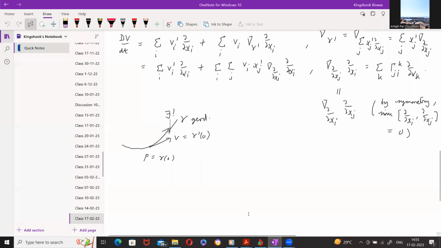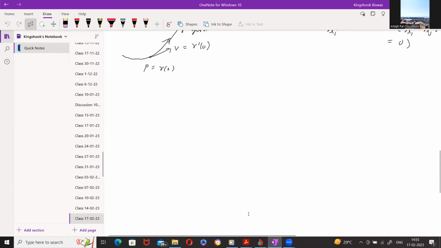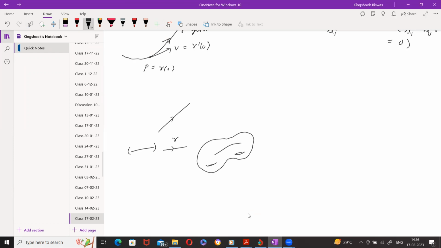Okay, so we have this picture where you have your curve gamma taking values in M. And then you have the natural lift, which is a curve in TM.